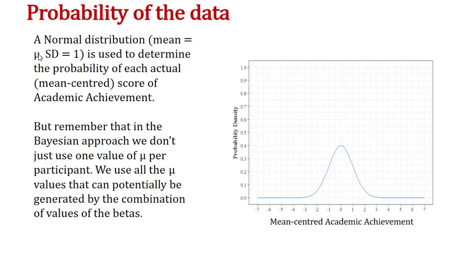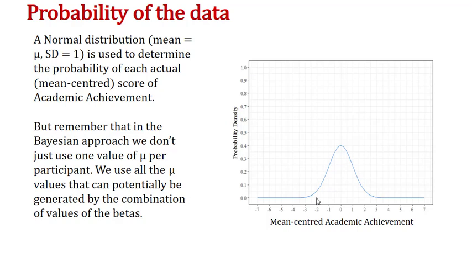So we are going to get a mu. Given that mu, what's the probability of observing a specific value of academic achievement? Because academic achievement is mean centered, to establish the likelihood of a score we are going to use a mean of 0. So it is a normal distribution with mean of 0 and standard deviation 1, and we are going to determine what's the likelihood of that.